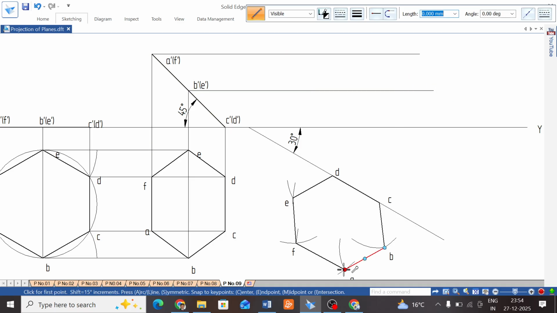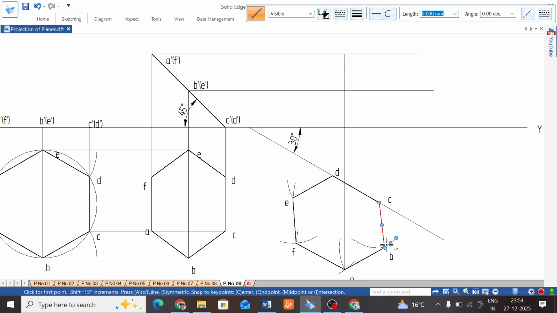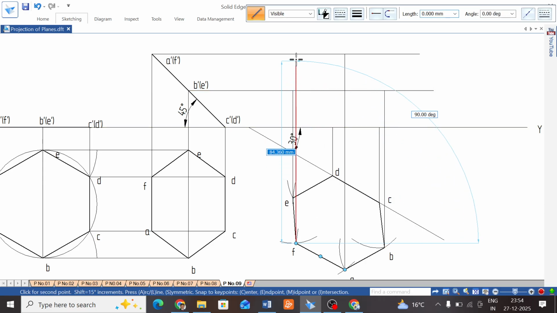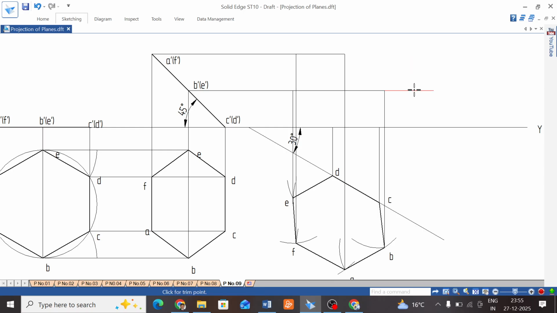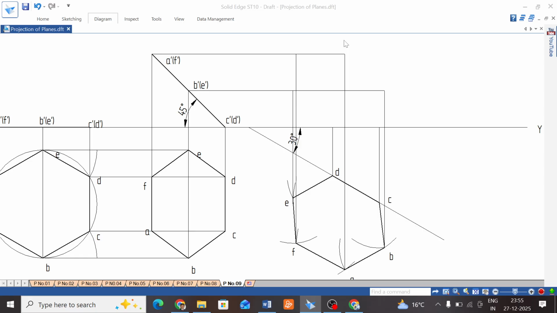Start with projecting: A is on top at 90 degrees, B is middle, next C point is on the XY line, D point is on the XY line, E point is middle and F is above. Now taking the eraser, erase these extra lines and name the points first. At last you join it.